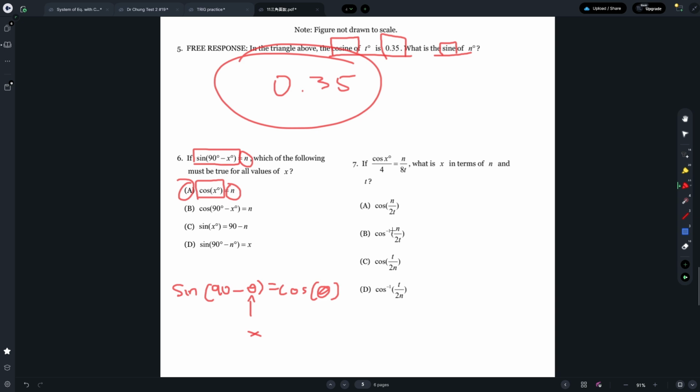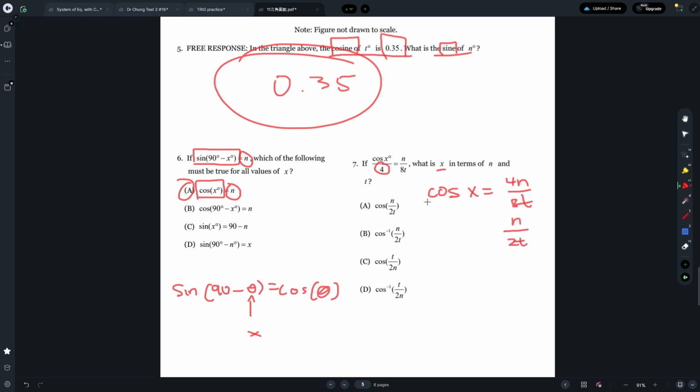If cosine of x degrees over 4 equals n over 8t, what is x in terms of n and t? So we're solving for x, so we just need to keep that in mind. What we could do is actually multiply 4 on both sides to get 4 cosine x equals 4n over 8t, which is equal to just n over 2t.